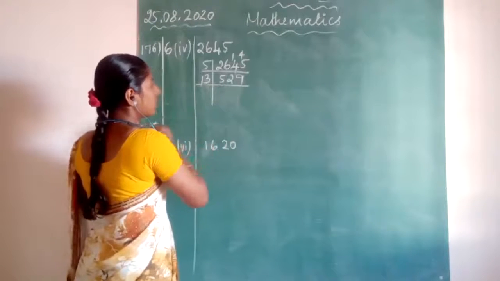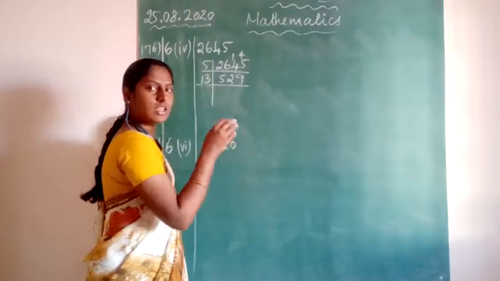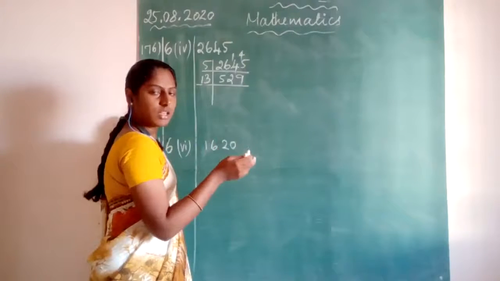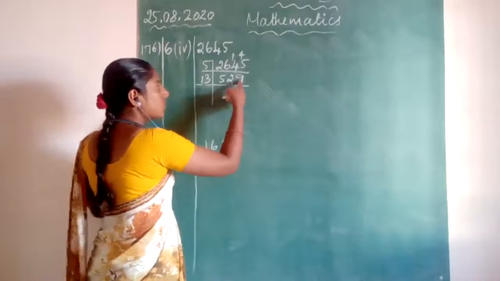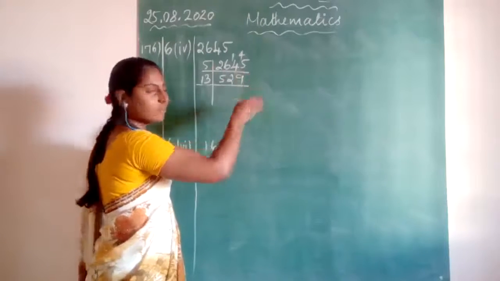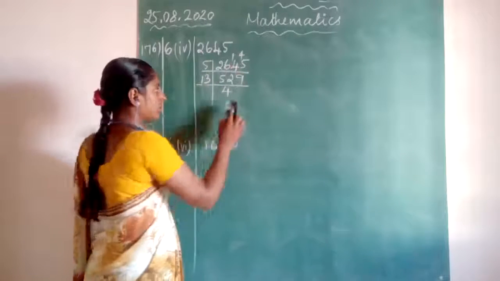Check and see. 13 ones are 13, 13 twos are 26, 13 threes are 39, and 13 fours are 52. Okay, but you will have only one 9 left out. 13 fours are 52, only one will be left out, so 13 also won't come.